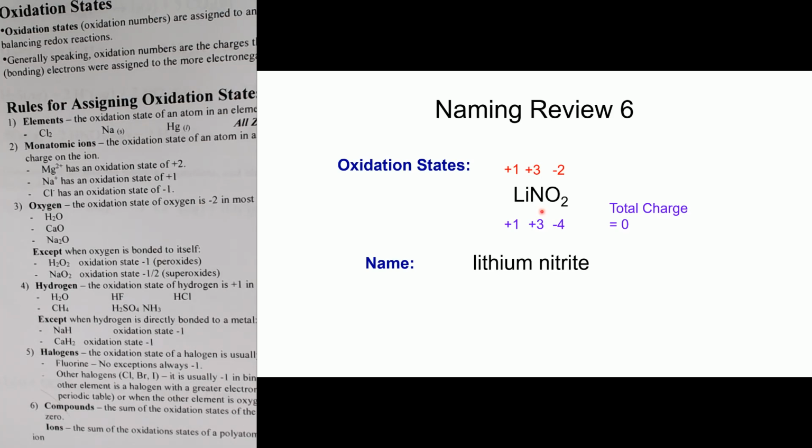Here, when it's in a compound, it's +3. If you have the acid HNO2, nitrous acid, the nitrogen has an oxidation state of +3. So we'll find that when you've got a polyatomic ion, it doesn't matter if you have metals or hydrogens ending up being attached to it, it's still going to have the same oxidation state.